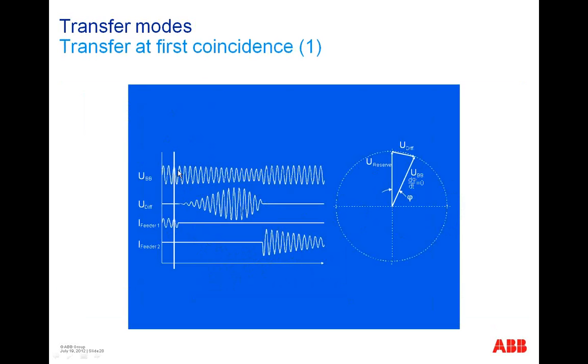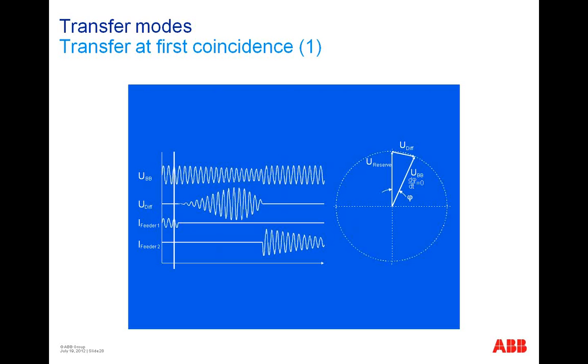In this example, the failure happened, the initiation signal comes, and the device has made the decision before that fast transfer mode is not possible. Then the device sends the command to the incomer breaker: open.